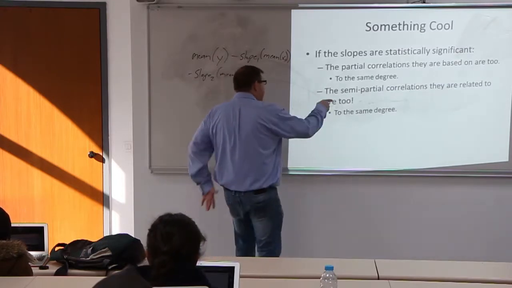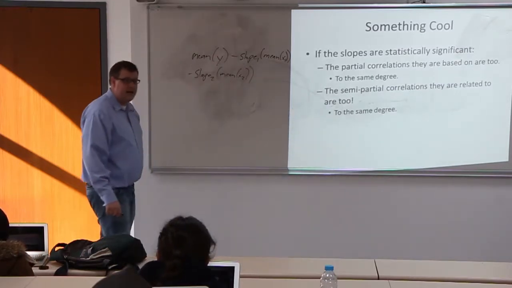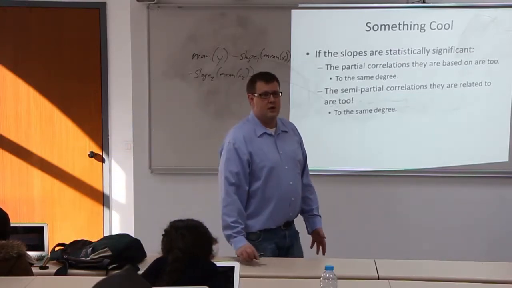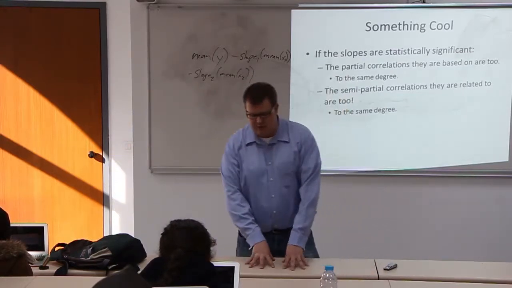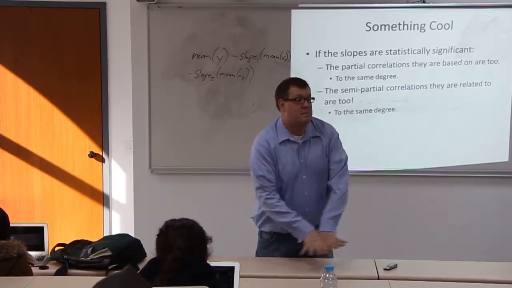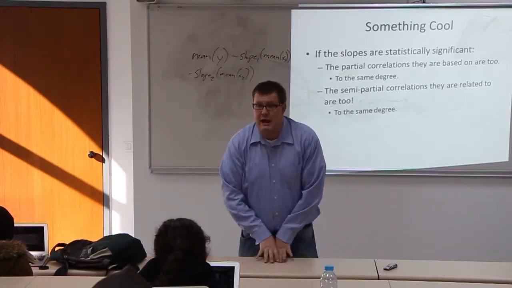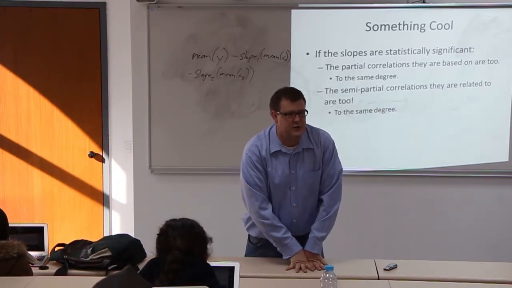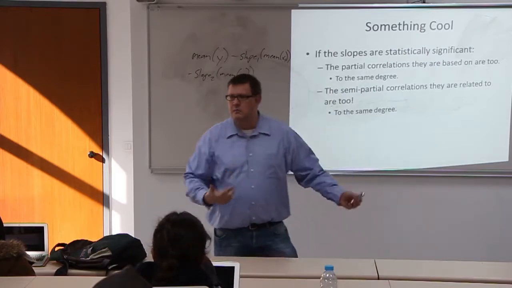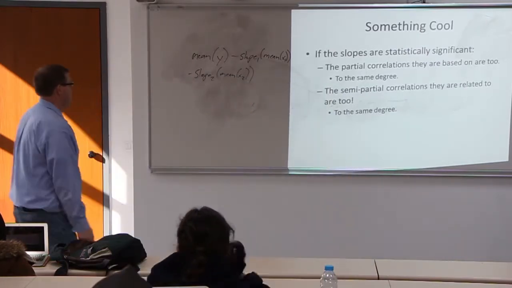Similarly, the semi-partial correlations that they are related to are also going to be significant. So if you find the significant regression coefficient, you know that this partial correlation coefficient and the semi-partial correlation coefficients are significant. So you really only need to know how to do one, and LM does that for us.